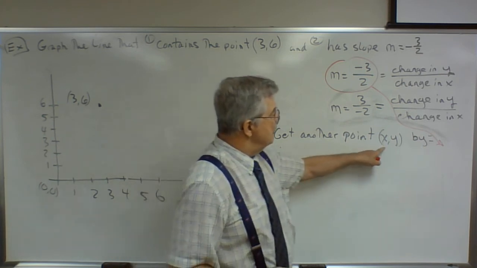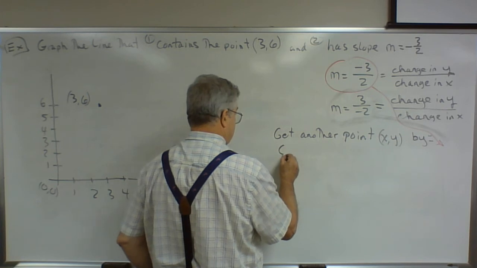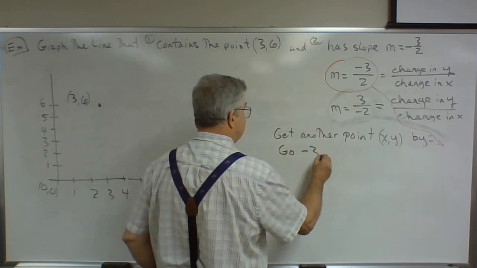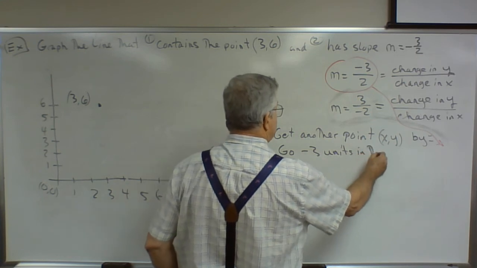So we get another point (x, y) by doing the following. Go -3 units in the y direction.